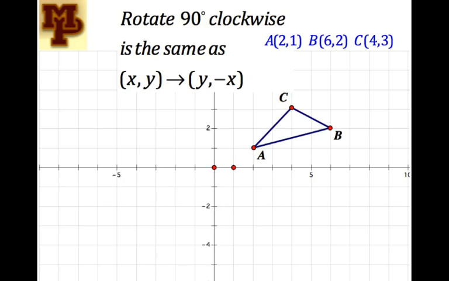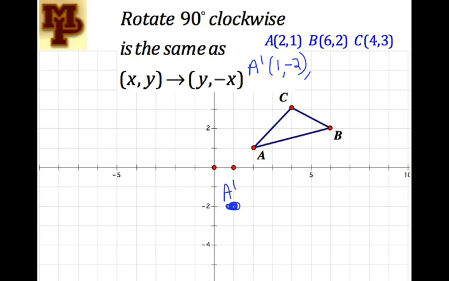And then whatever was the x-coordinate becomes a negative. So for example, this A 2, 1, the A prime would be 1, and then that would be negative 2. So that's 1, negative 2. So this is the A prime.